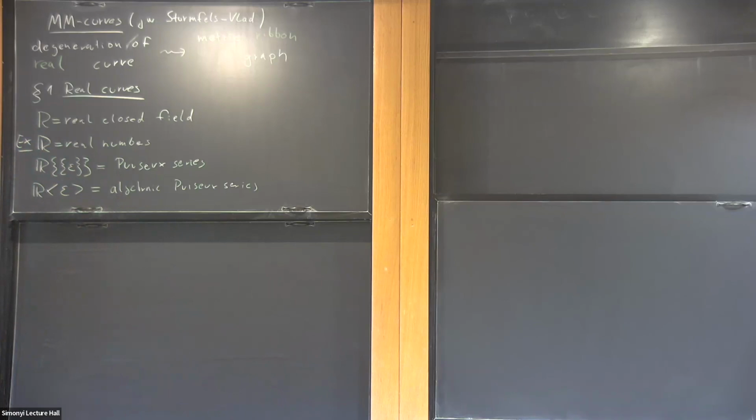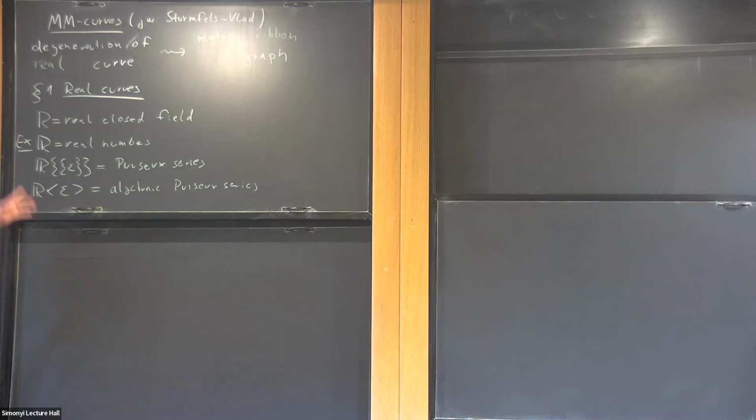Namely, we declare a semi-algebraic set to be semi-algebraically connected if it cannot be written as a disjoint union of semi-algebraic open subsets. And then the theory becomes nice and every semi-algebraic set has finitely many semi-algebraic connected components and things like this.